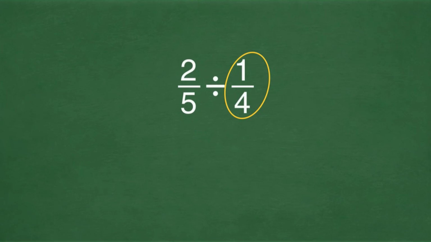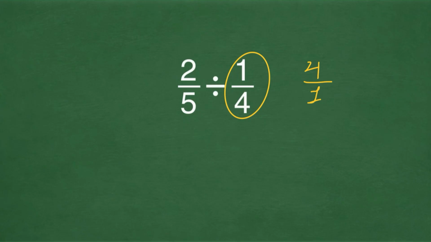And what you are going to do is flip that fraction upside down. So instead of 1 over 4, it becomes 4 over 1. This is called finding the reciprocal in mathematical terms, but the idea is simple. Just flip the right-hand fraction upside down. So after you flip the fraction, you are going to multiply instead of divide.